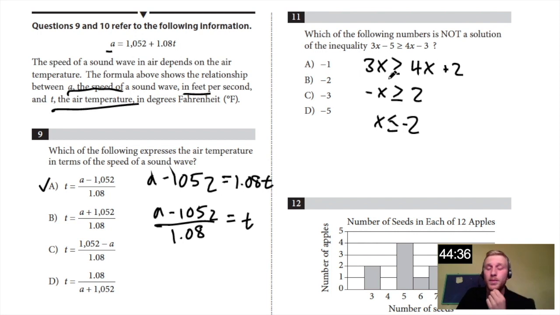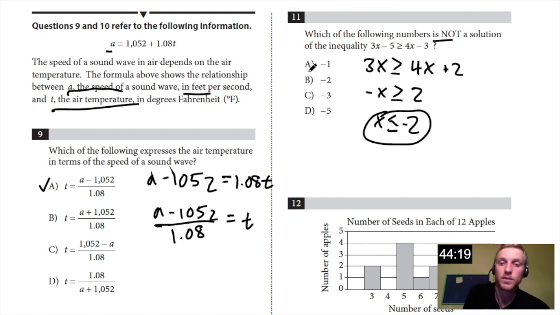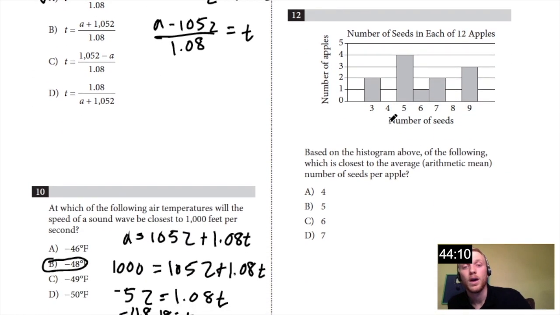Whenever we multiply both sides of an inequality by negative 1 or any negative number, or divide by a negative number, we need to flip our inequality sign. So in other words, our solution set to this question is going to be everything less than or equal to negative 2. So what is not a solution? We need to find something that is greater than negative 2. And negative 1 is the only number larger than negative 2 out of these choices.